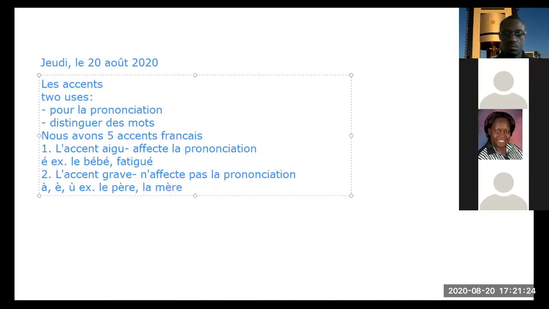That is why you find it on letter E, also on letter A, like when we say à la maison, je vais à Nairobi, that accent will always be placed on A. So it becomes a preposition.